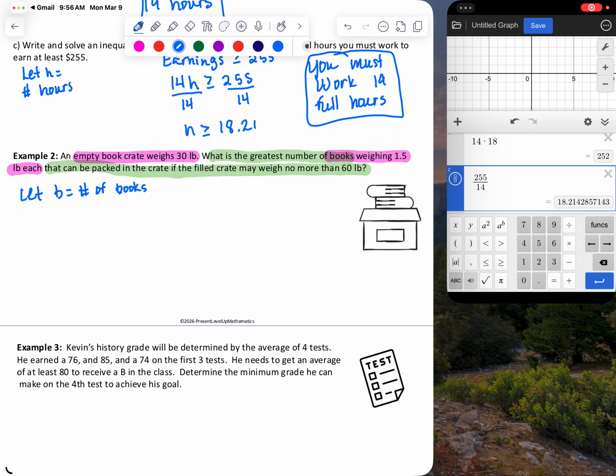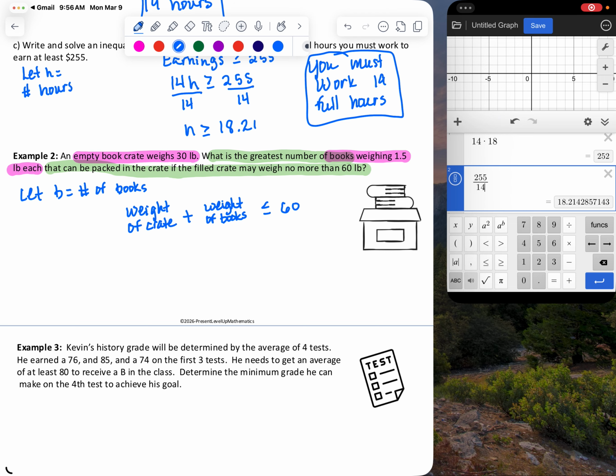All right, so what I know here is the weight of the crate plus the weight of the books can be no more than, so less than or equal to, 60 pounds.